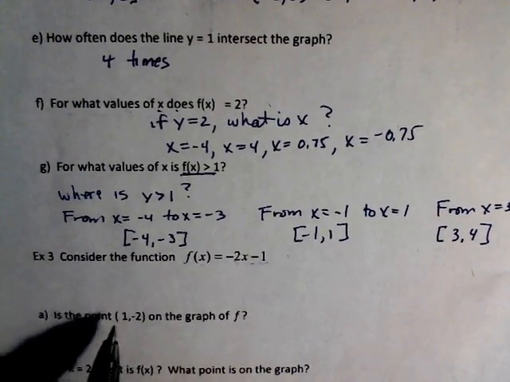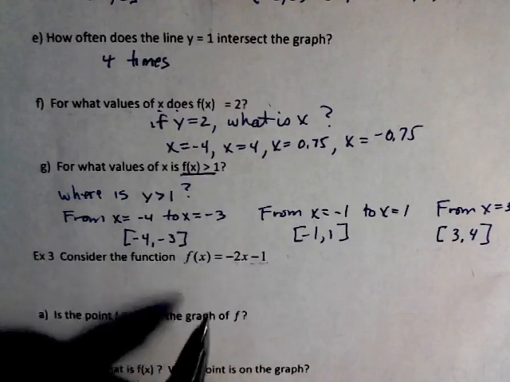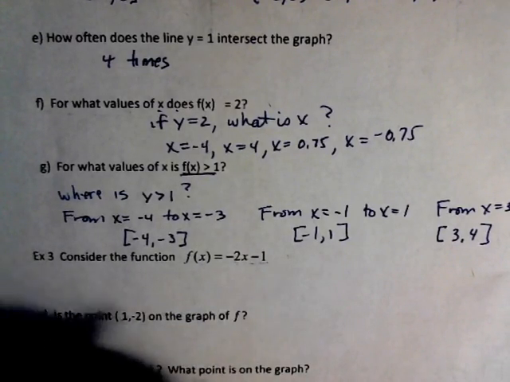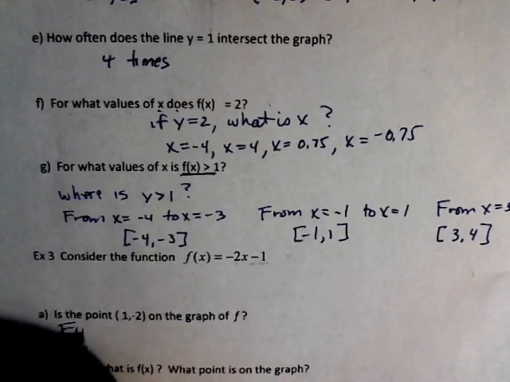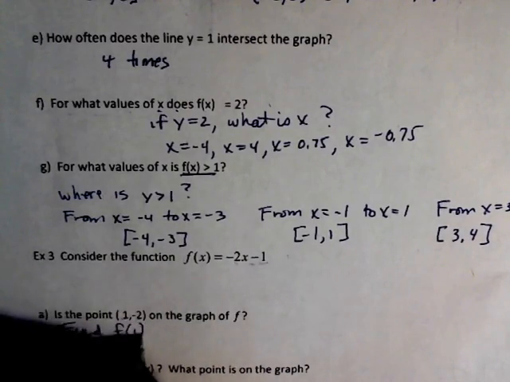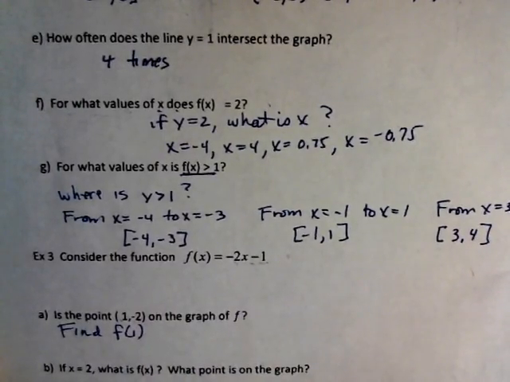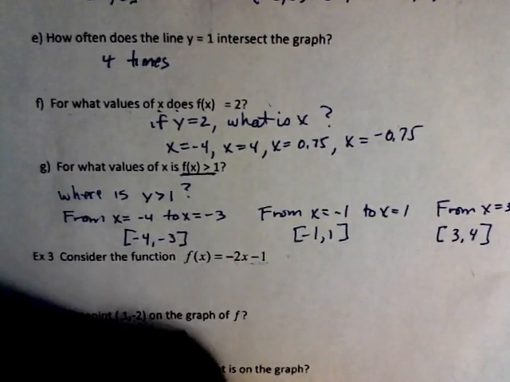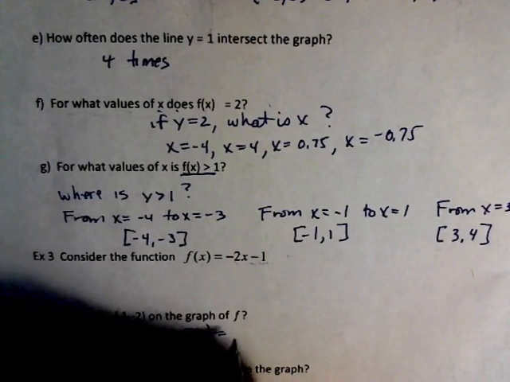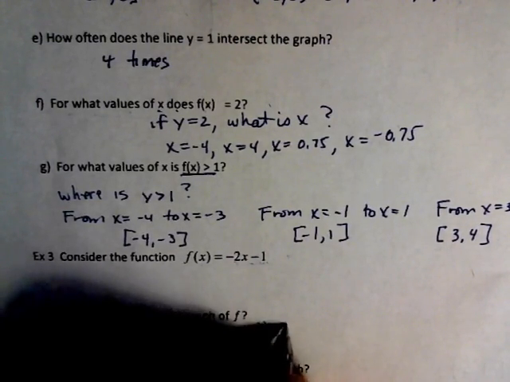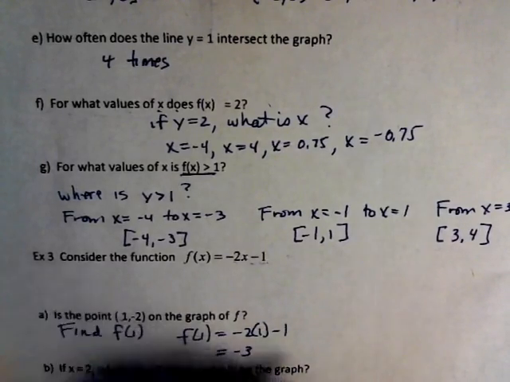So my first question is, is the point (1, -2) on this graph? Well, the way I answer this is to find f of 1. If f of 1 equals -2, then it is. If f of 1 does not equal -2, then it's not. So f of 1 is -2 times 1 minus 1, which is -3.